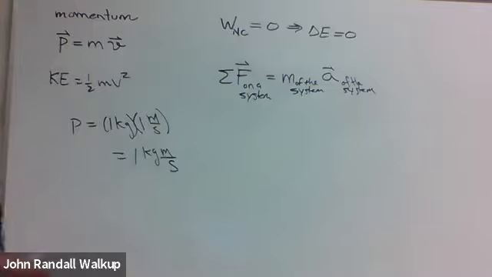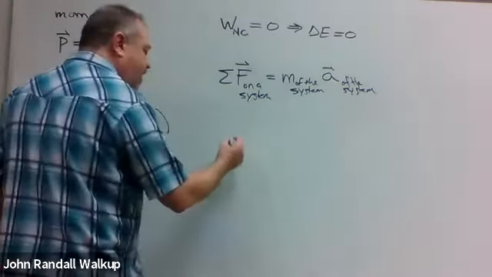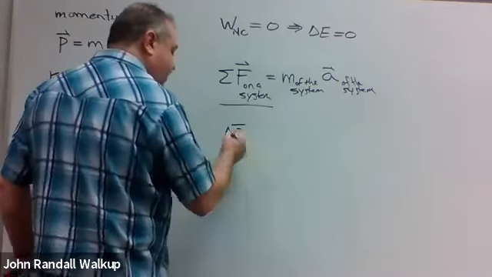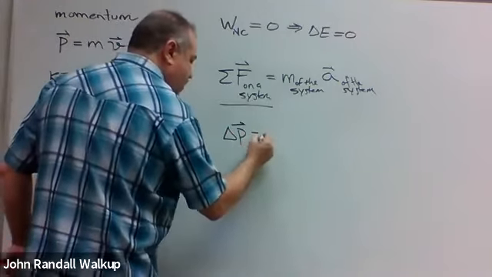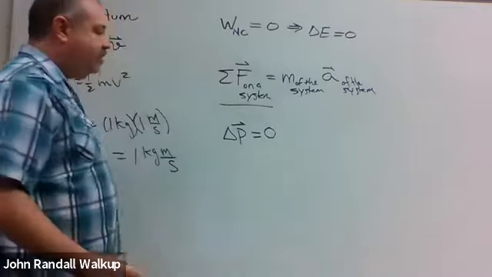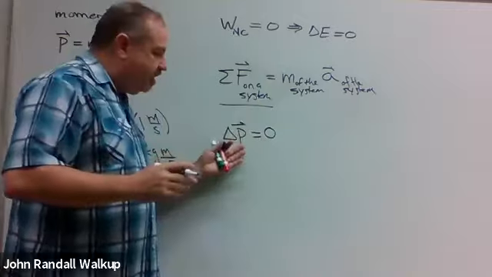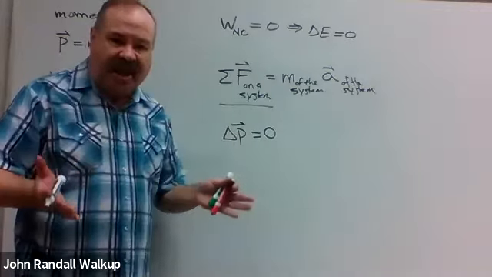Well, what we want to do is see under what conditions is delta P in a system equal to 0. In other words, under what conditions does the momentum of a system not change?